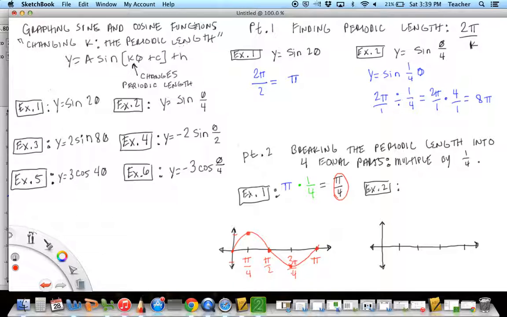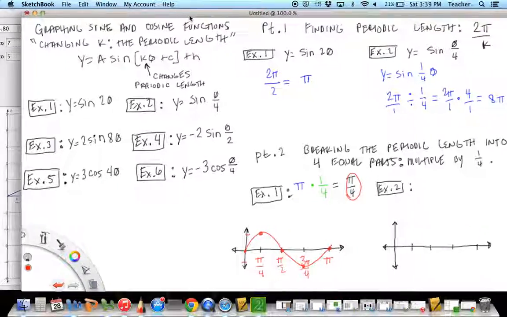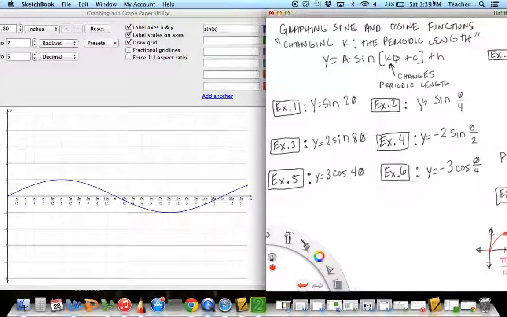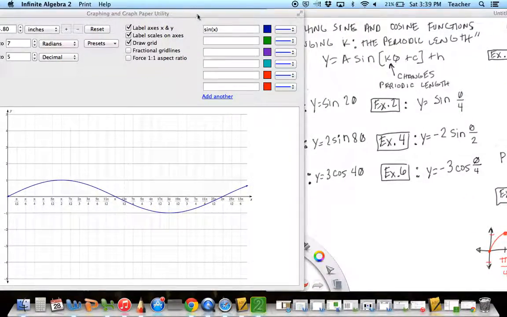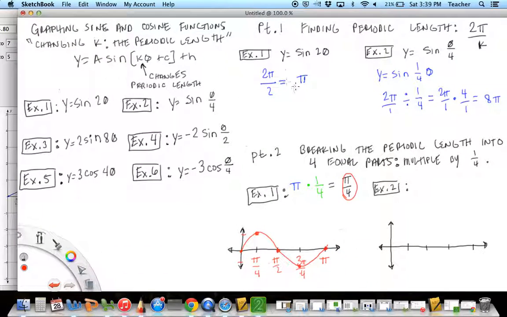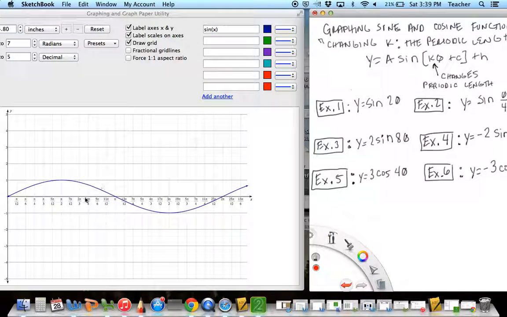All right, so now let's talk about what this does to the graph. Say, for example, we have the basic sine function here, and because the periodic length is changed to pi, this function needs to do one periodic length in this time segment. You can think of it like a slinky. I have to compress this thing down so it does one periodic length in pi.